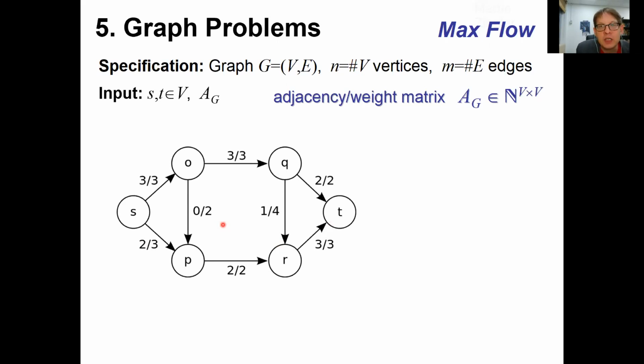So to summarize, this picture describes two things actually. First, how much the pipes could bear, each pipe individually. And secondly, the picture indicates a current flow, the current state of the sewage system, how much is being run through the pipes. And that's indicated by the first number. And the important property is, of course, that the first number must always be less or equal to the second number.